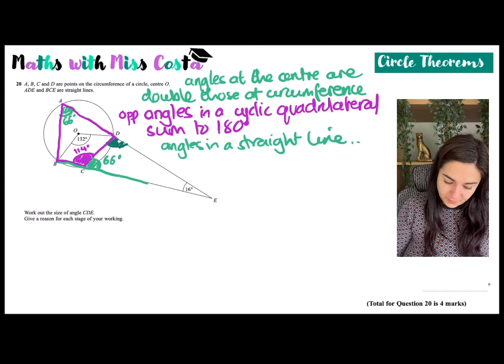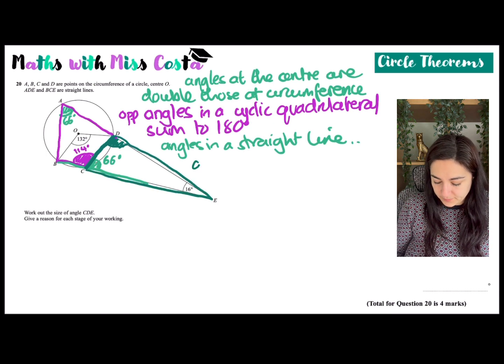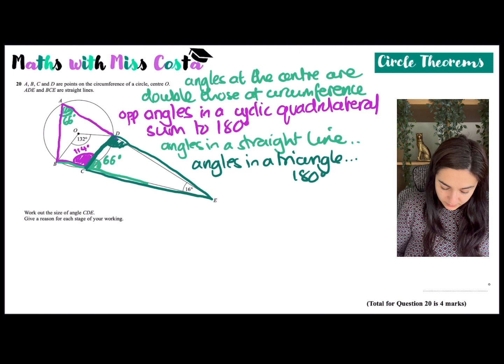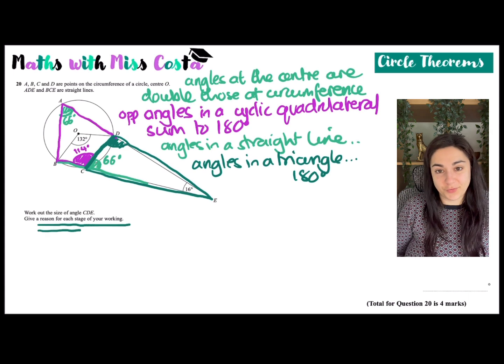Now, over here, is this a triangle? Yep, I believe it is. And you know that angles in a triangle sum to 180. And also I'm writing these because what does it say? Give a reason for each stage of your working.